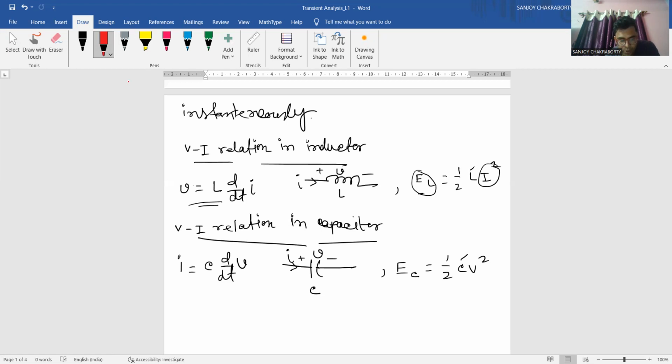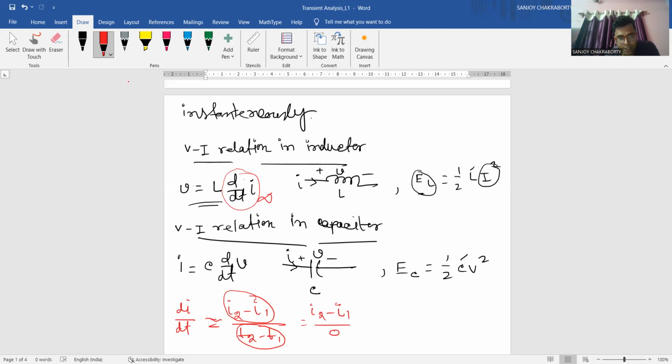What does this di/dt mean? It means change of current, I2 minus I1, divided by T2 minus T1. If I2 minus I1 should be instantaneous, there will be no difference between T2 and T1, so theoretically it needs to be 0. So if the current in inductor changes instantaneously, then di/dt becomes infinity.